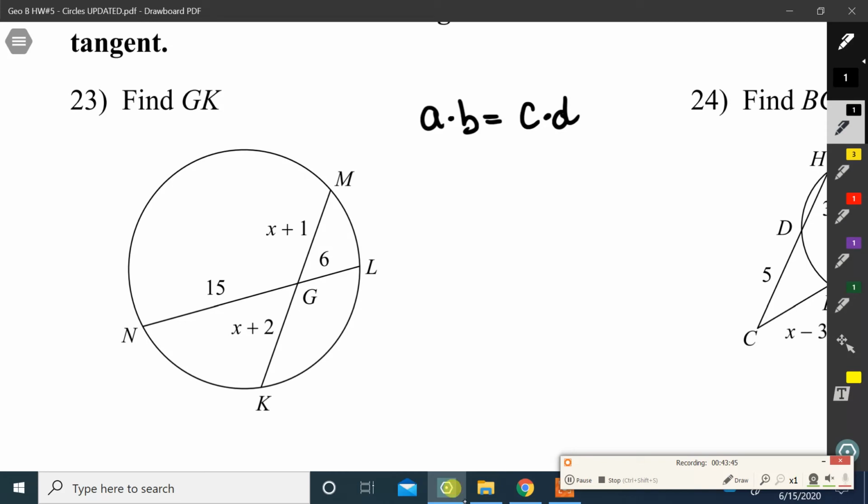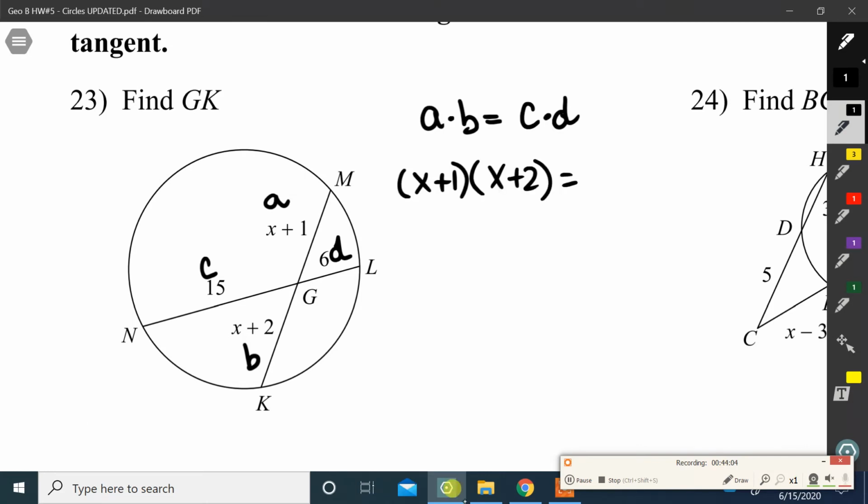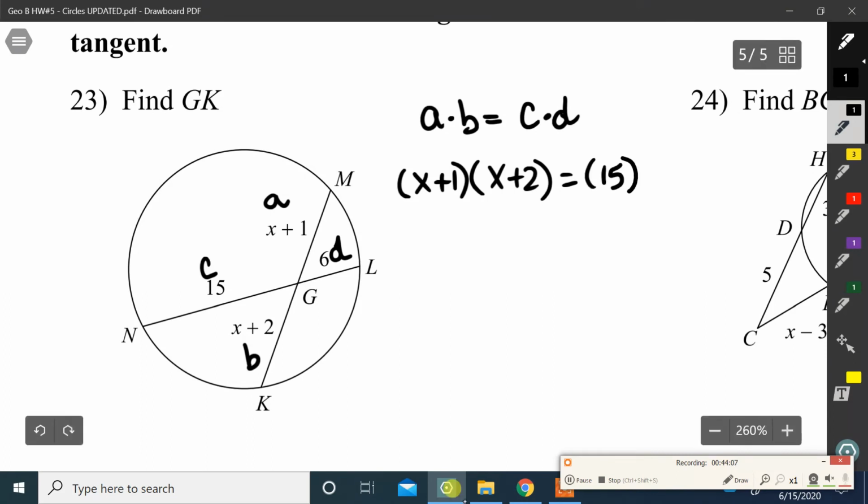So let's say this is A, then this will be B, then this will be C, and this will be D. So A in this case will be x plus 1, and then B will be x plus 2. And then C and D will be 15 times 6.